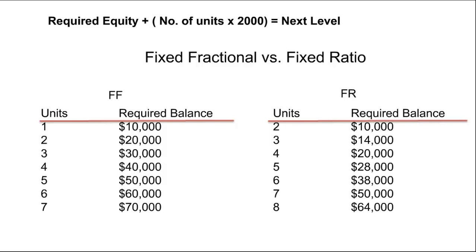Now, the problem with this is if you are a new trader, a trader with a small account, like a $10,000 account, you have to double your account before you use any money management at all. Before you get to apply any money management, you have to double your account. Now, I said a lot of large funds and institutional traders will use this type of money management, but they're starting out with, say, a $100 million account.